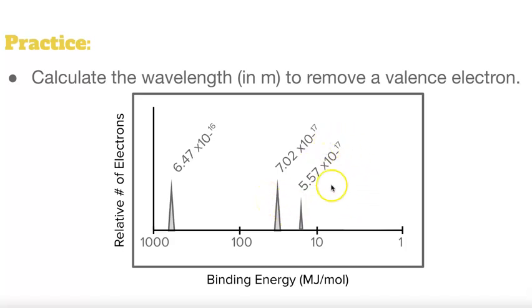So in this case, what is the wavelength of light that is required to kick out that valence electron? This 5.57 times 10 to the negative 17 is actually the energy of that electron.